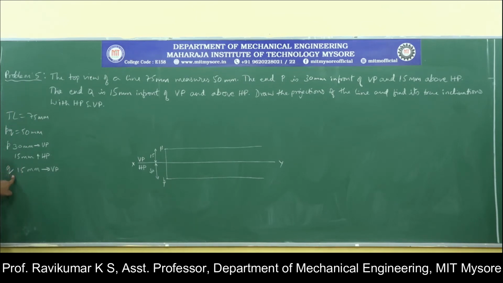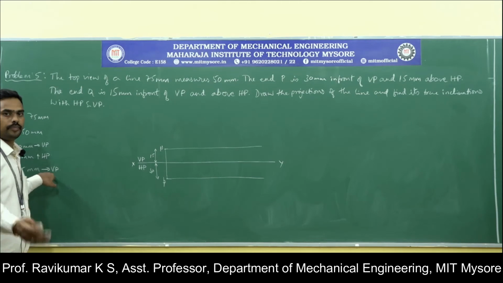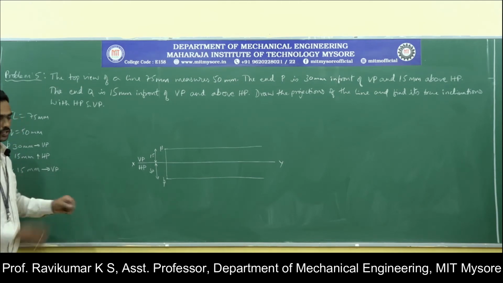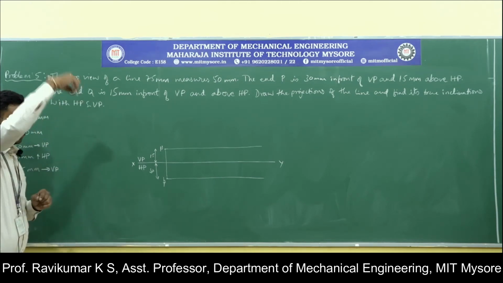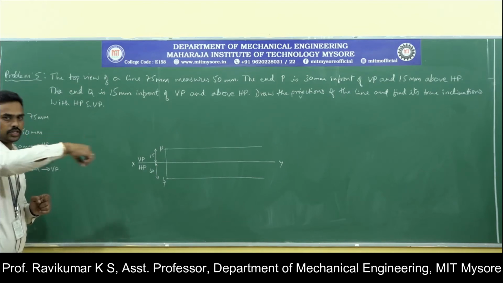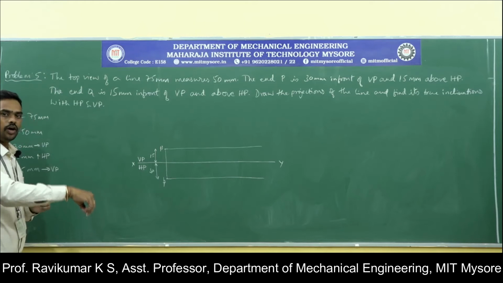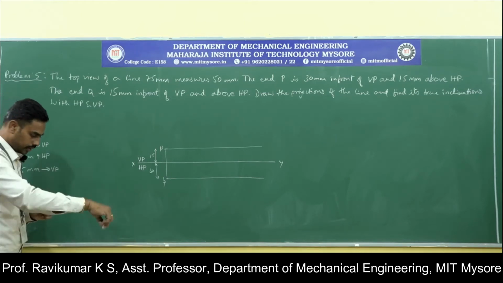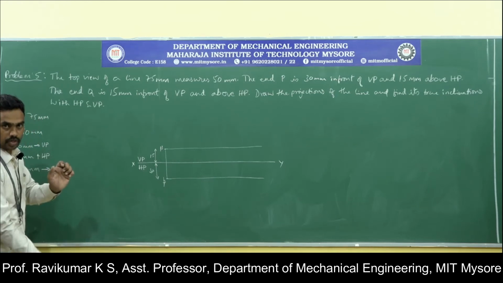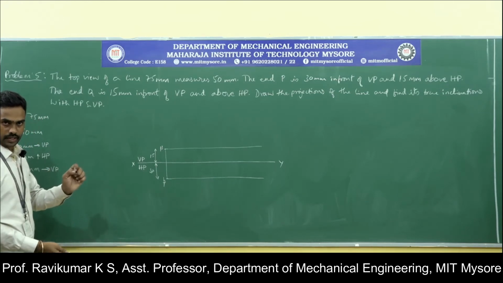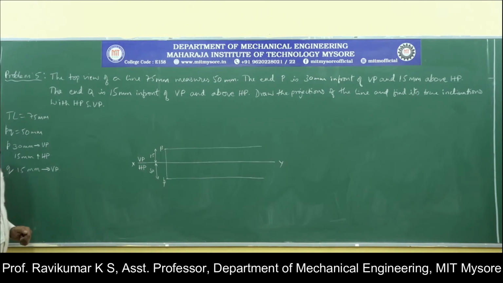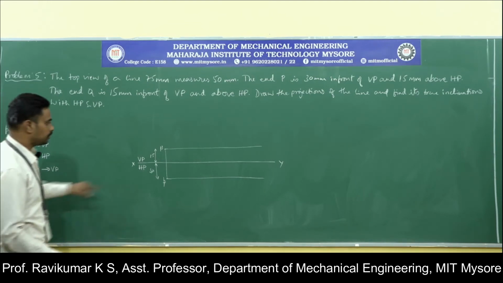Then we know that point Q is 15 mm in front of VP. In front of VP 15 mm means, from the top view, we measure 15 mm and locate it on HP. If you rotate the horizontal plane, it will come below the XY line, so 15 mm below the XY line.